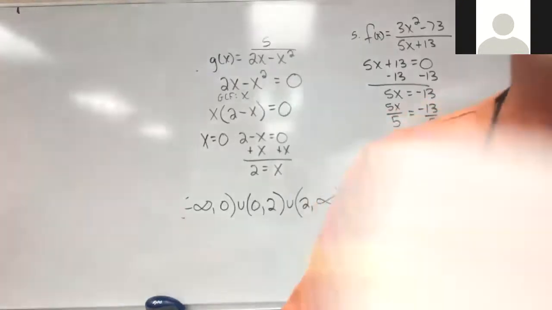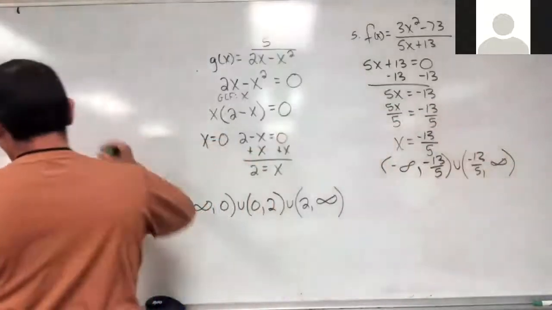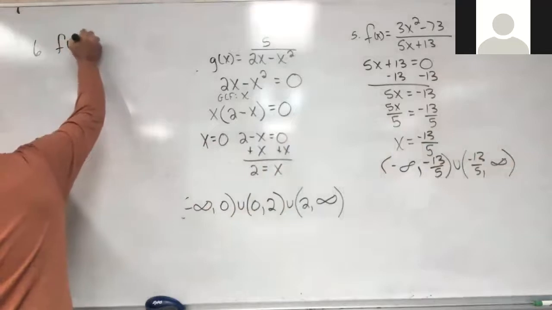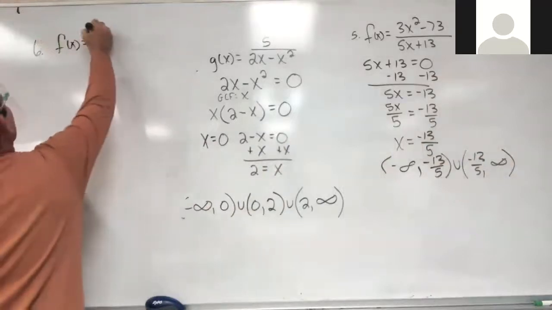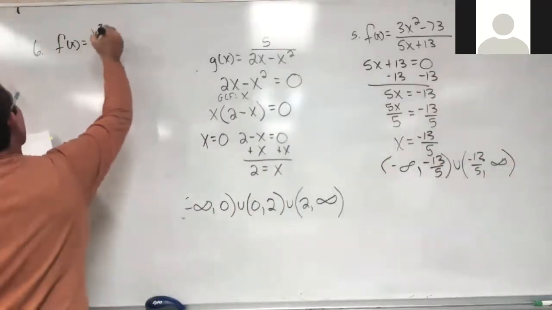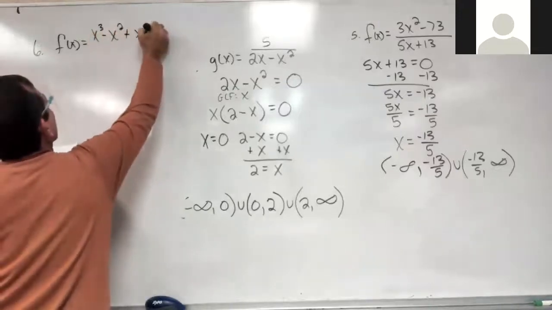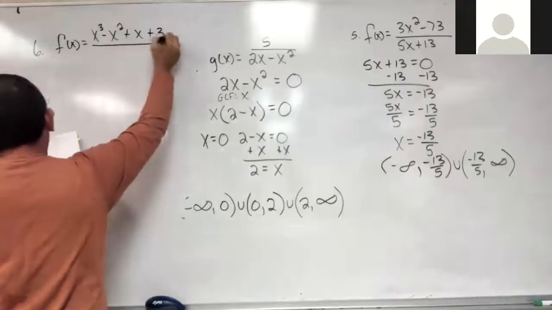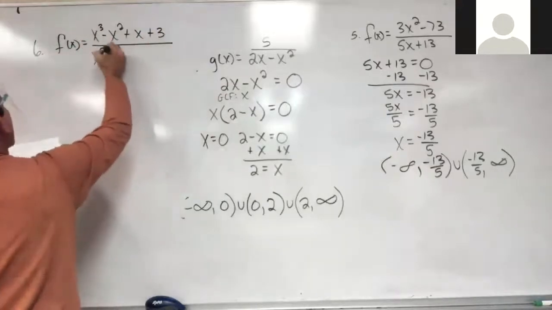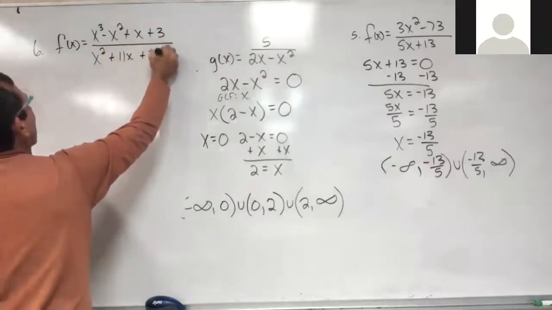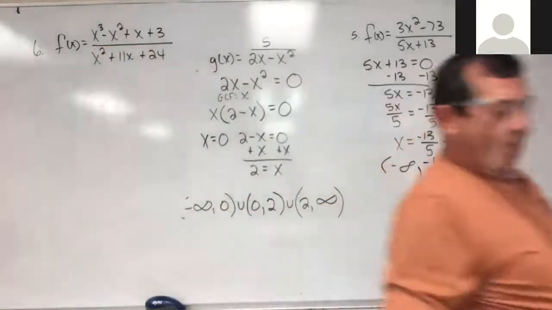All right, so they always say the best for last, I guess. So we got f of x equals x to the third minus x squared plus x plus 3, all over x squared plus 11x plus 24.